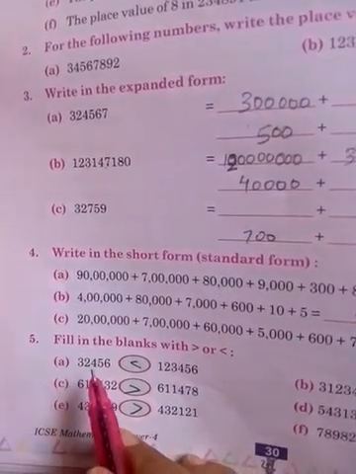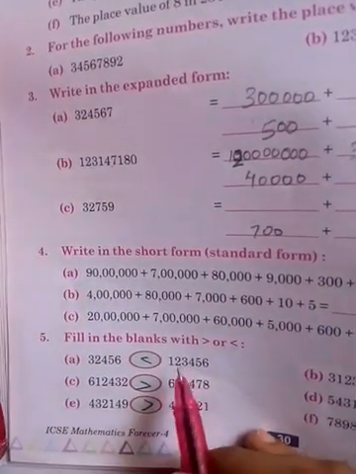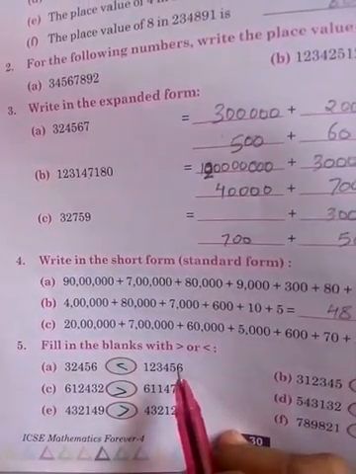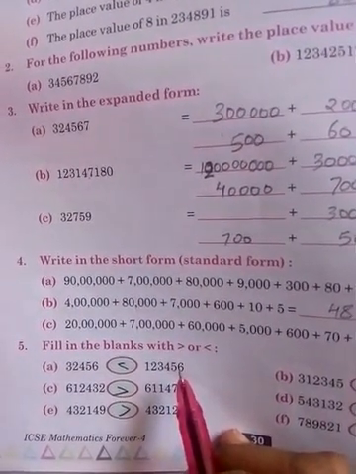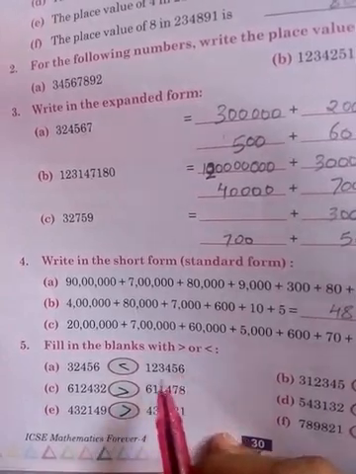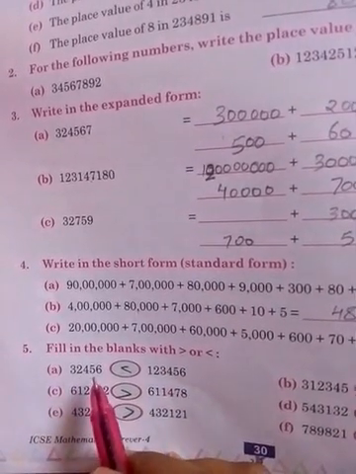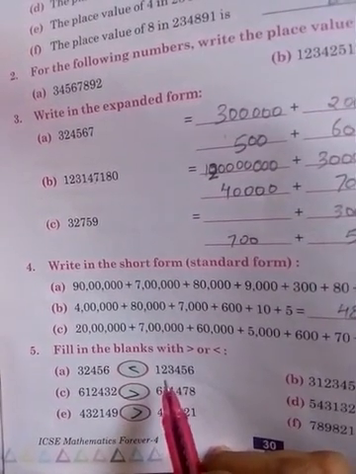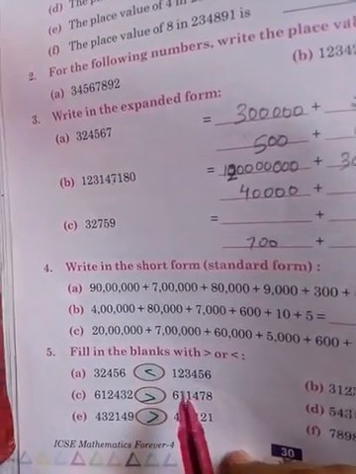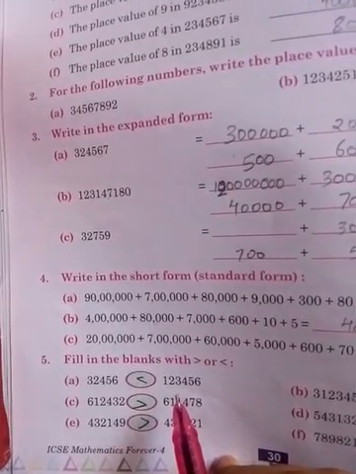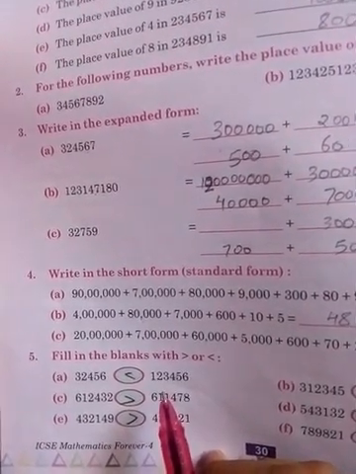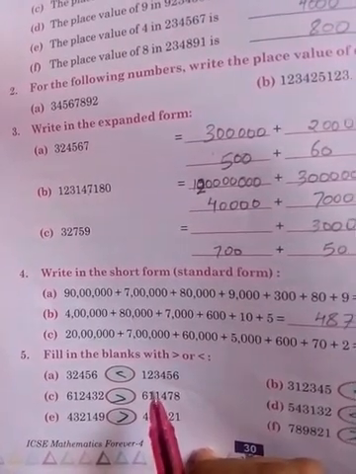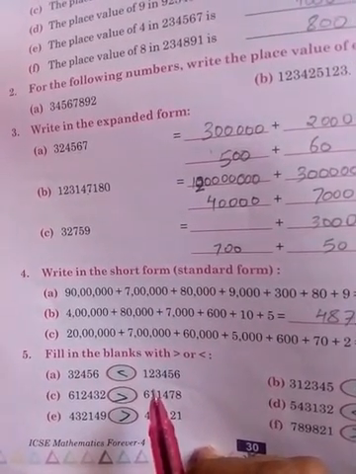So 1 2 3 4 5 digits are there, and 1 2 3 4 5 6. So obviously when the number of digits is more, that particular number is greater, because it is only 32,456 and it is 1,23,456. As you know, thousands are less than lakhs. So the lakh number is always greater than the thousands number.